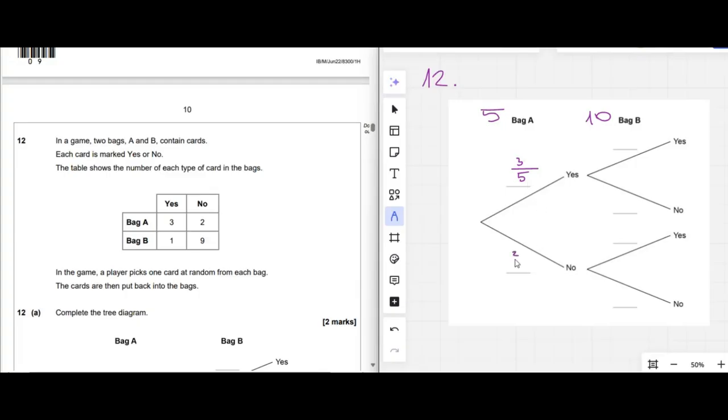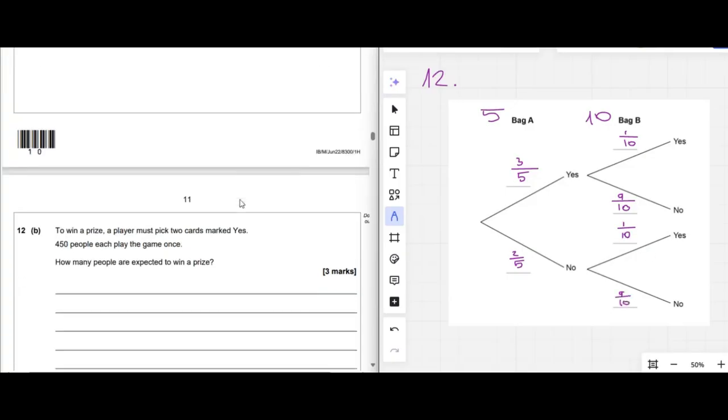And no is 2 over 5. Then from bag B, we have 1 over 10 being yes, and 9 over 10 being no, and exactly the same on the bottom, 1 over 10 and 9 over 10. Diagram completed.